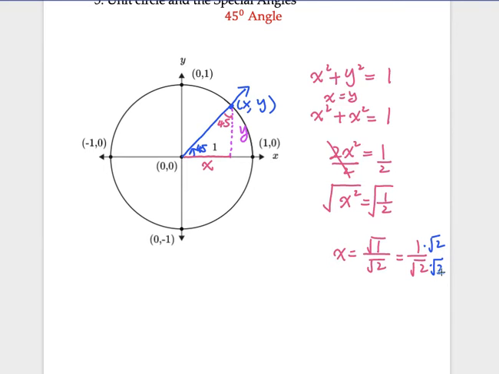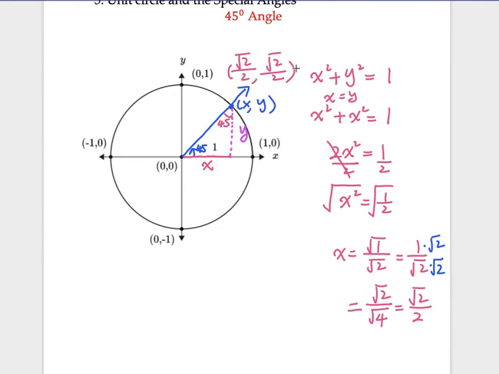If you do something on the bottom, you do the same thing on the top. So the bottom will be radical 2 times radical 2, which is radical 4, and the top part is radical 2. The bottom changes to 2 because the square root of 4 is 2. Now x is radical 2 over 2, and we know both values are the same, so I can just write down both coordinates.